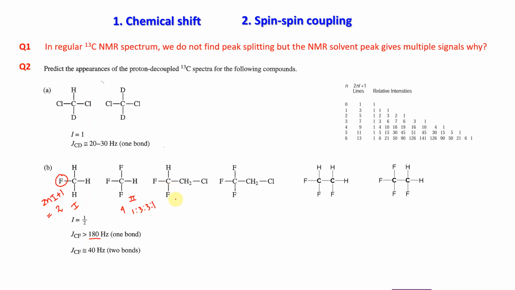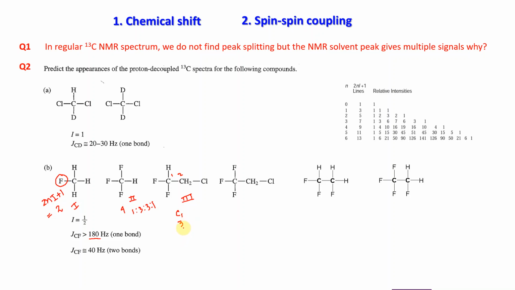What will be the situation for compound 3? Now you have to be careful with your answer. In this molecule, you have carbon 1 and carbon 2. You have to be very specific. For C1, how many peaks are you going to get? 3 peaks, right?